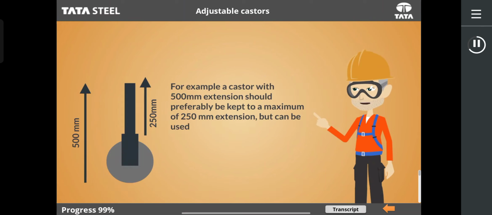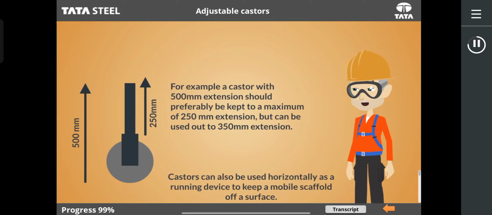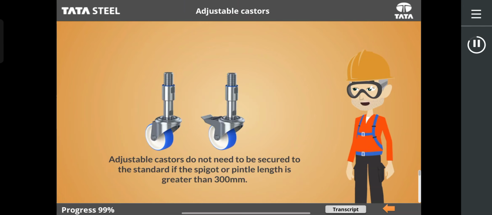For example, a caster with 500 mm extension should preferably be kept to a maximum of 250 mm extension, but can be used out to 350 mm extension. Adjustable casters do not need to be secured to the standard if the spigot or pintle length is greater than 300 mm. Let us now look at some of the commonly used portable scaffolds.